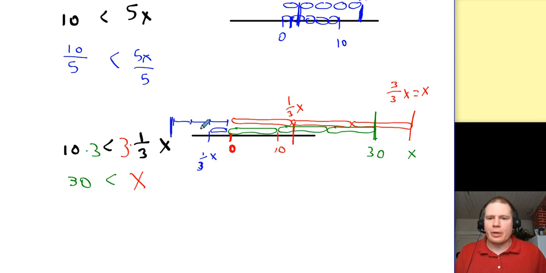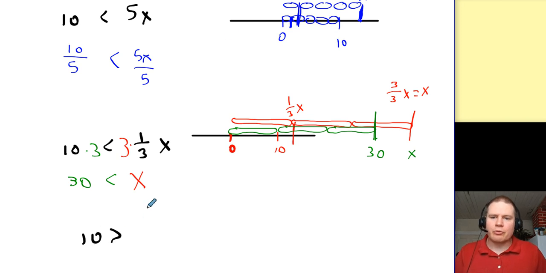Oh, I'm making that backwards. 10 can't be less than 1/3 of a negative number. All right, I messed this up. So let's just start fresh here. Start with a new statement.